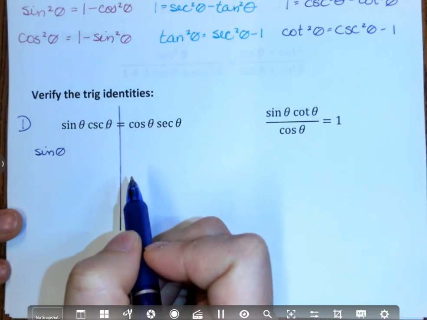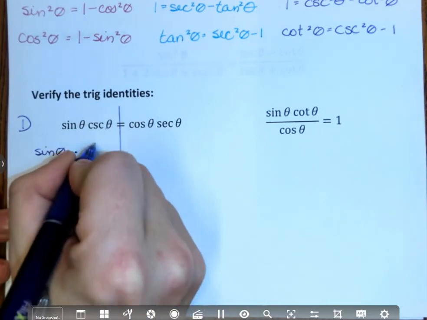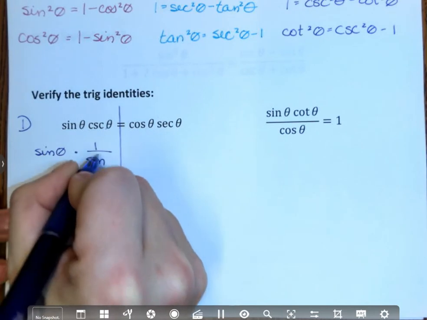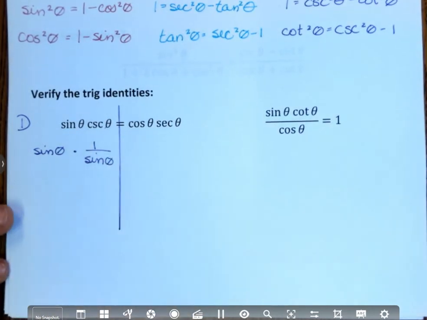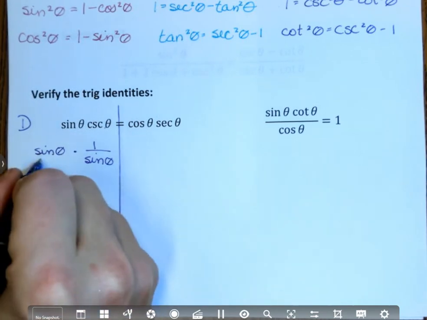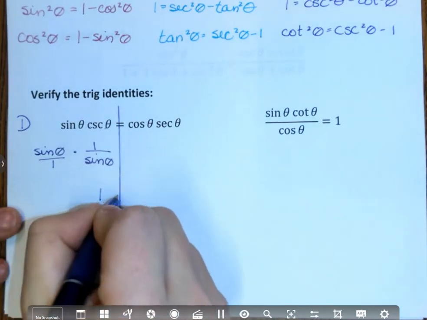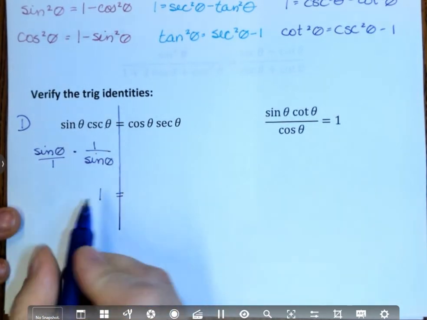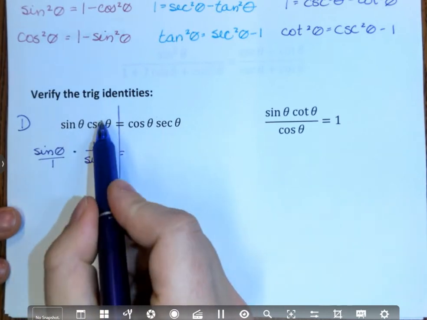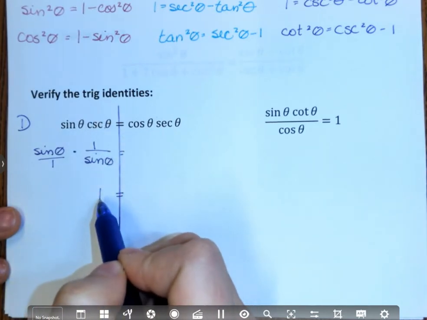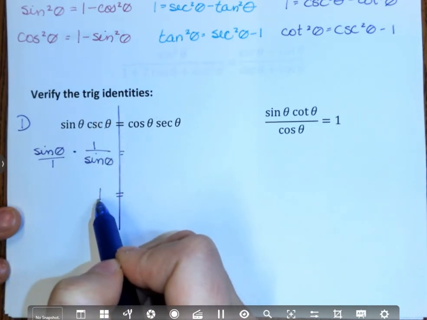One more time. 1 over sine. But what does that become? That's just 1. So this left side, I can rewrite it, making it simpler to get to a 1.